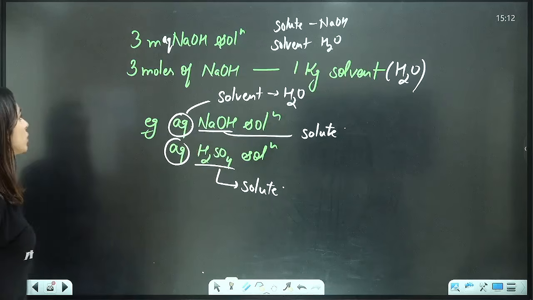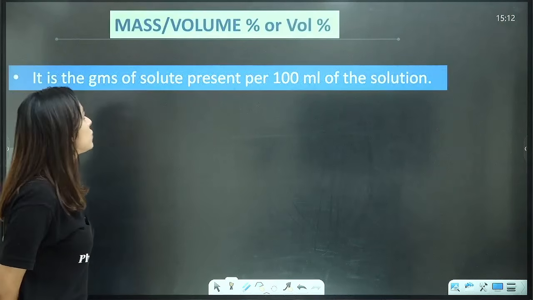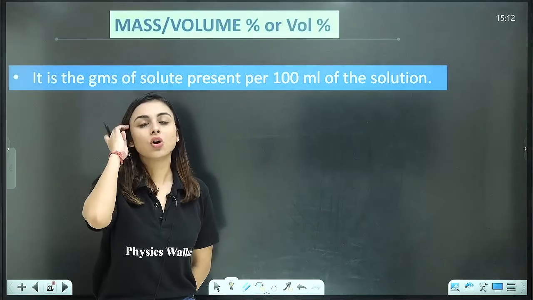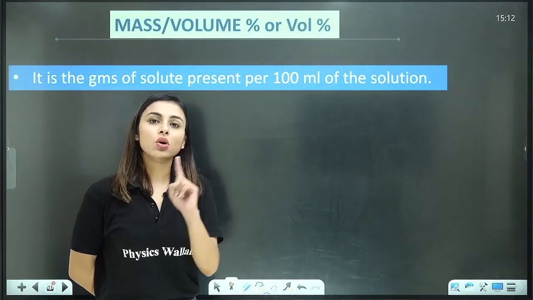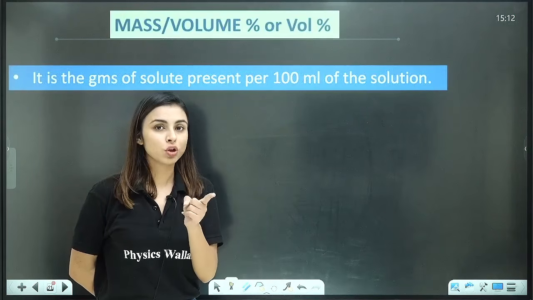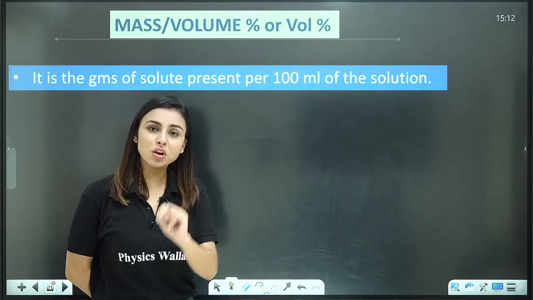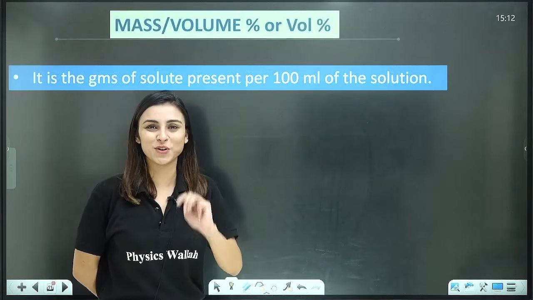Perfect. Very good. What is our next concentration term? Next concentration term is mass by volume percentage. Now let us talk about mass by volume percentage. You are going to discuss mass by mass percentage, mass by volume percentage, and volume by volume percentage.